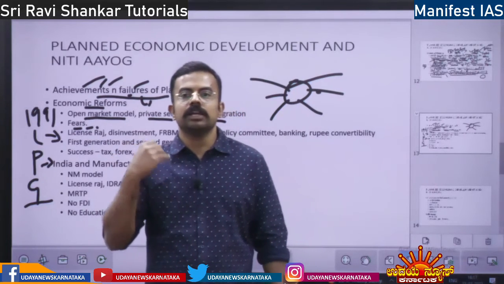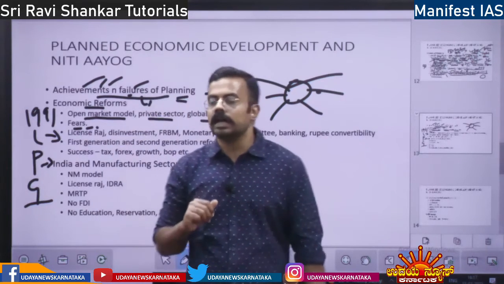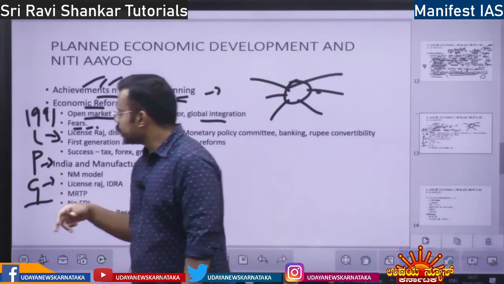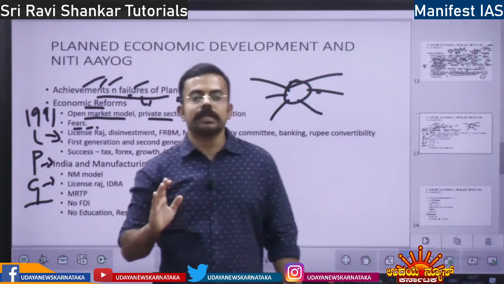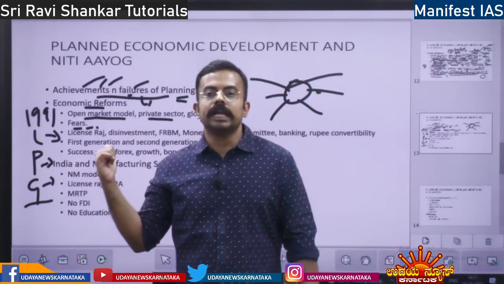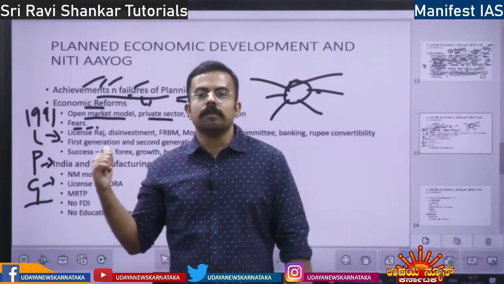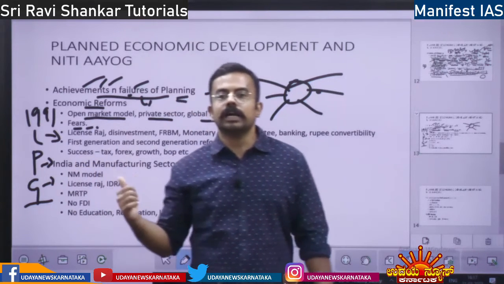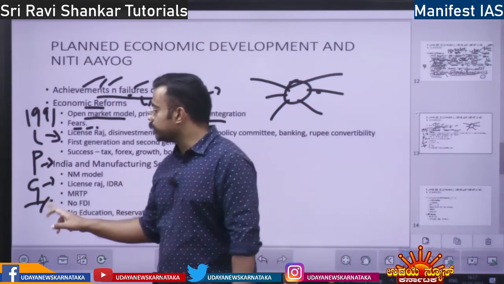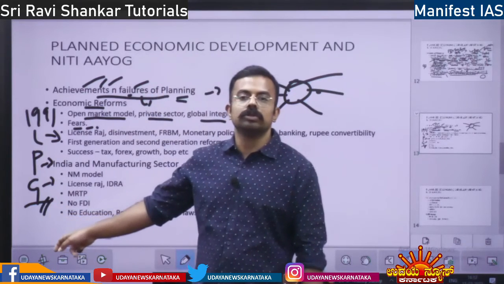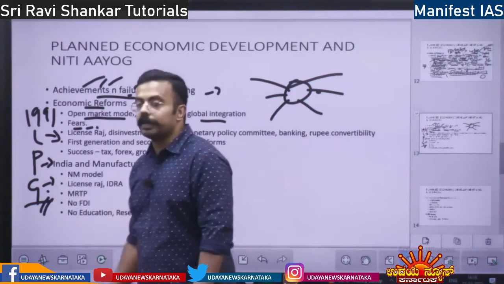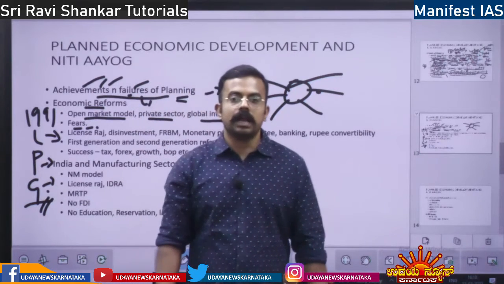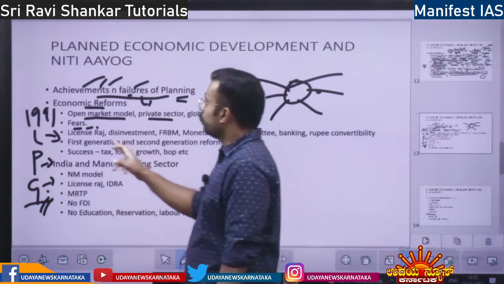Immorality means they will not come under any control. Next, if globalization happens, private companies will come, it will harm the independence of the country. Private companies will rule the country. It will become a second British rule, that was one fear, right? And all these things, there will be a lot of fears.